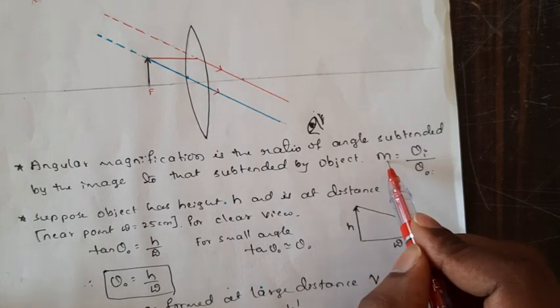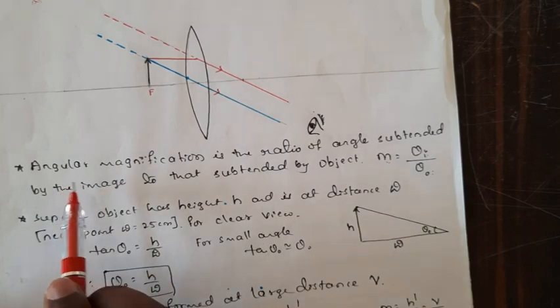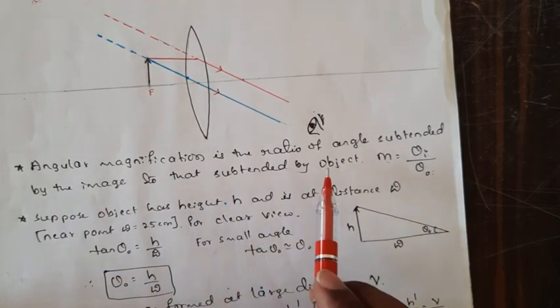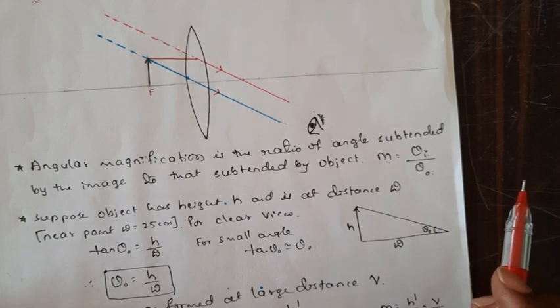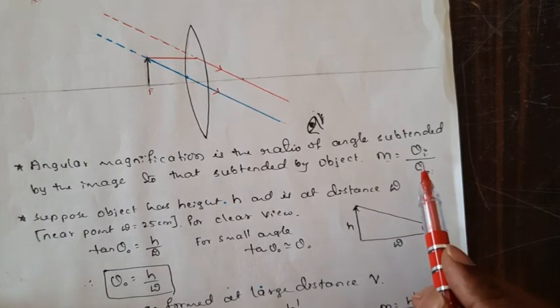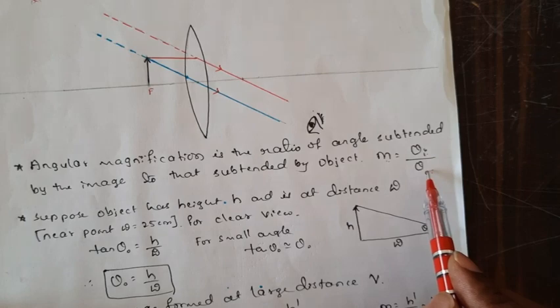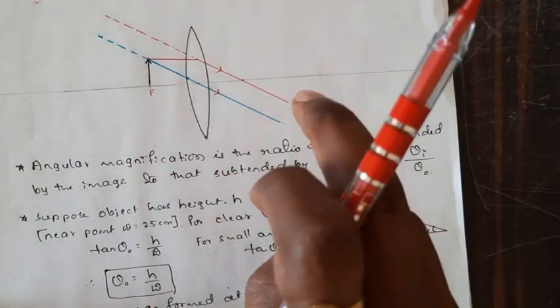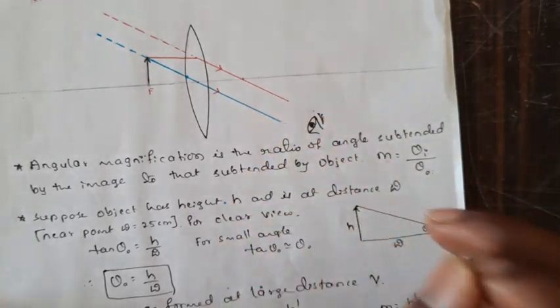Angular magnification is the ratio of the angle subtended by the image to that of the object. Is it clear? So here we should get the values of theta I and theta naught first. Then it is possible to get the magnification of the simple microscope at relaxed eye position.